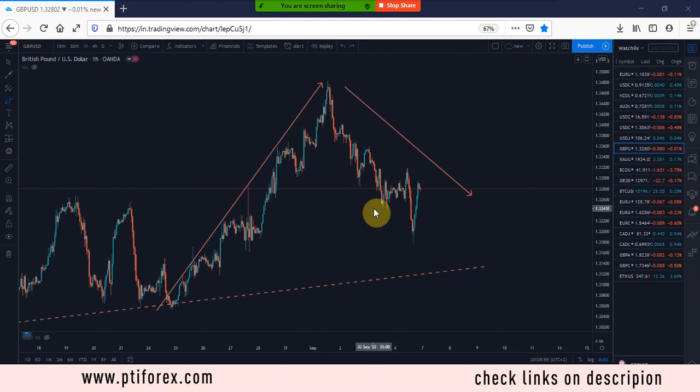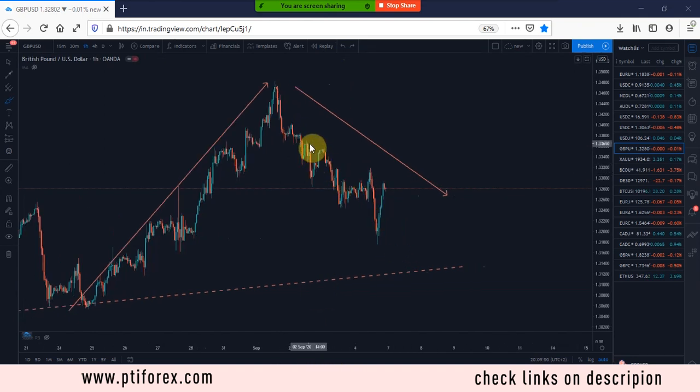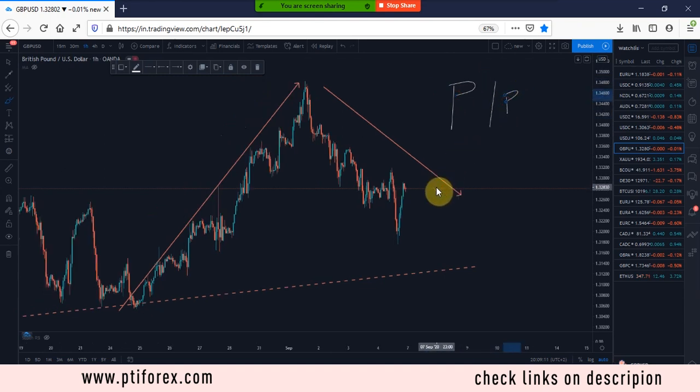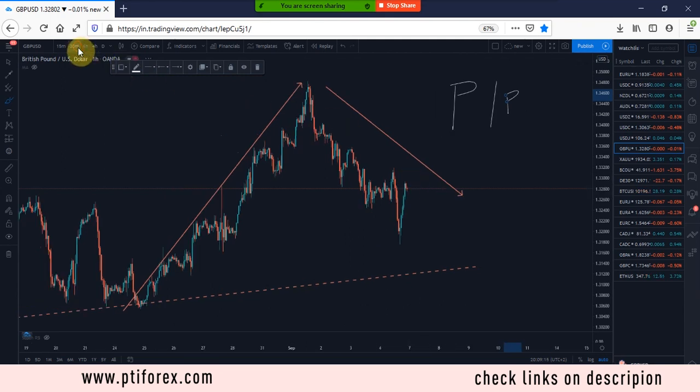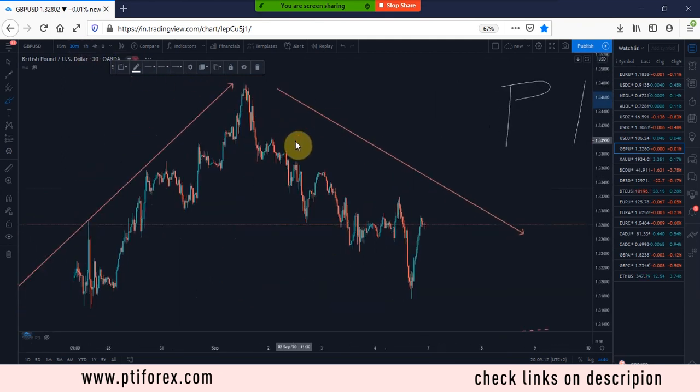So here is a solution. We have a corrective wave. We are looking for a buying opportunity. Now we have to analyze this corrective wave. How do we analyze this corrective wave? Remember the principle of pattern within a pattern, whereby we look at the pattern inside the bigger picture. So for an example, let us go down to our last time frame, which is our 30-minute.